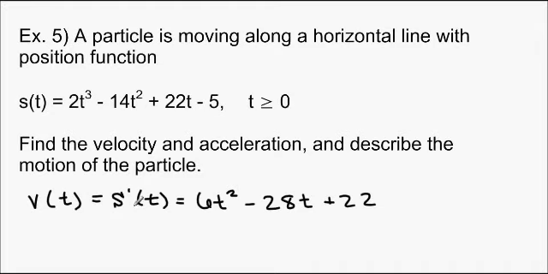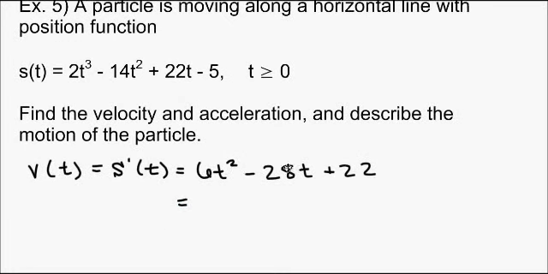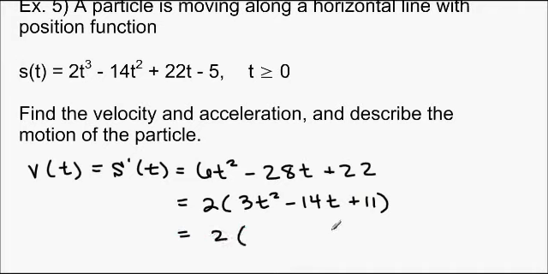And I'm going to go ahead and factor this now to make my life a little bit easier later. So I see a common factor of 2 among all of these. So I have 2 times 3t squared minus 14t plus 11. And I can factor this trinomial a little bit more.